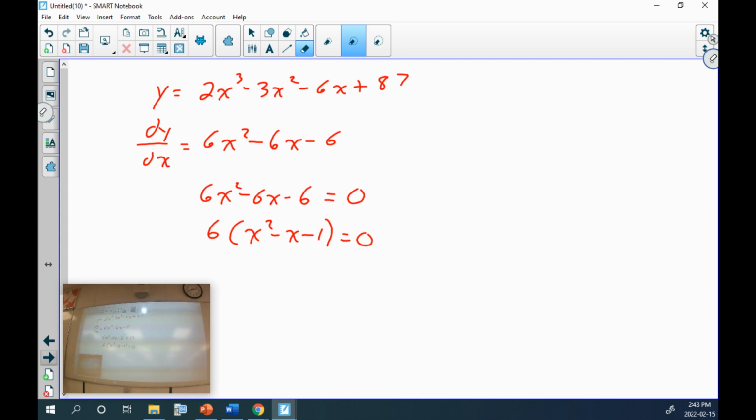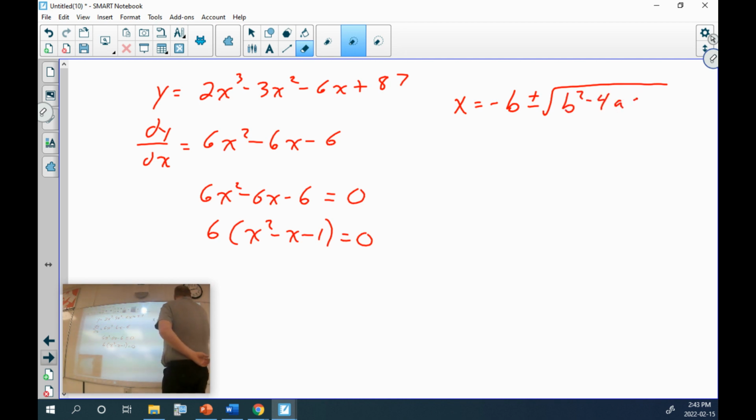Okay, two numbers that multiply to -1 and add to -1. They don't work. So what do you have to do at this point? How do I solve this equation when I cannot factor? x is equal to -b plus or minus the square root of b squared minus 4ac, over 2a.